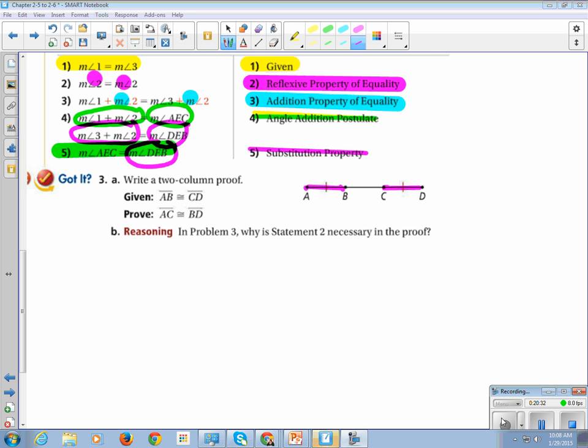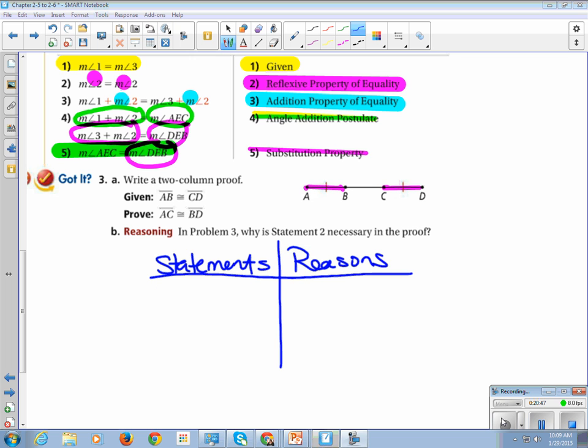So the first thing we're going to do, I'm on my paper, so if you're going solo on this, you want to write your statements here and your reasons here. Nice little table. So what do we put for the first one? First is always given. So our given is AB is congruent to CD.